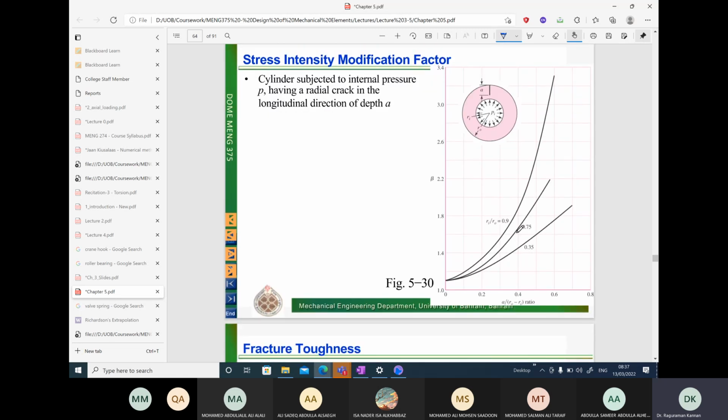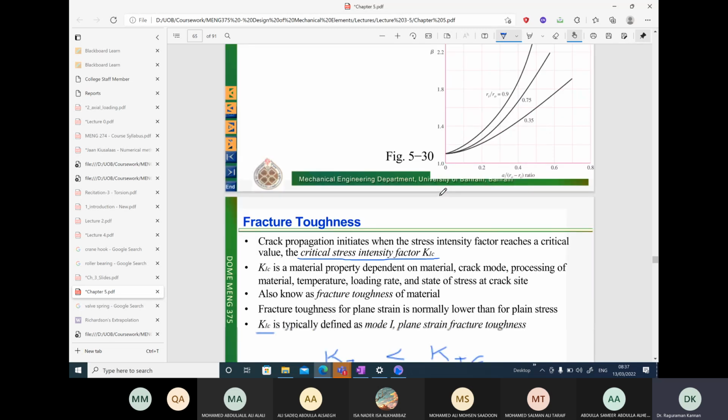So again, you will use a different graph depending upon the orientation of the cracks. All these cracks are macro cracks which can be detected using non-destructive testing methods.